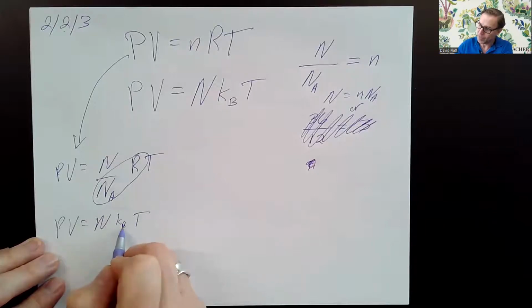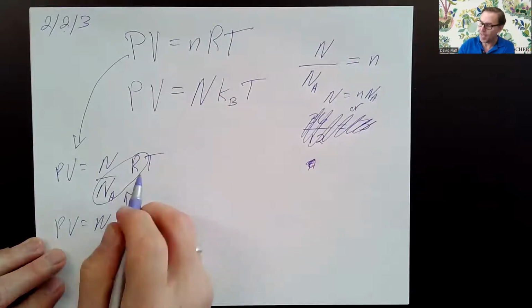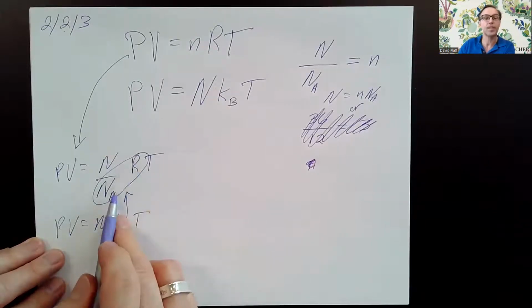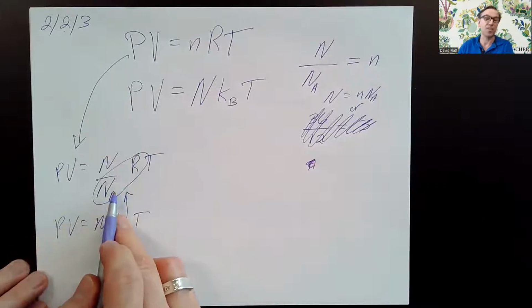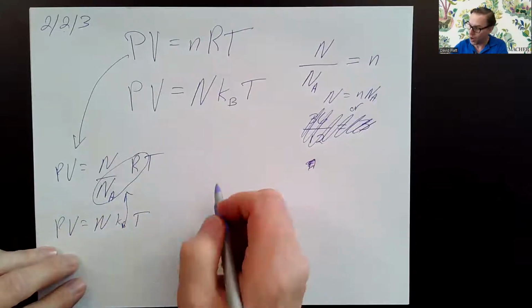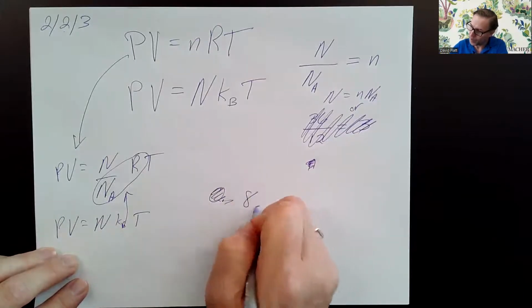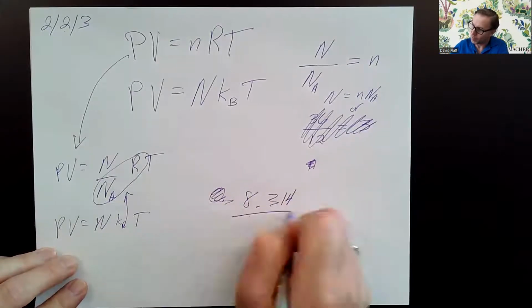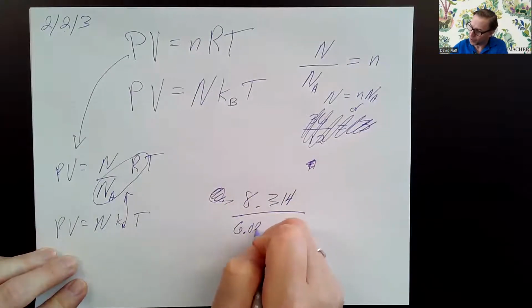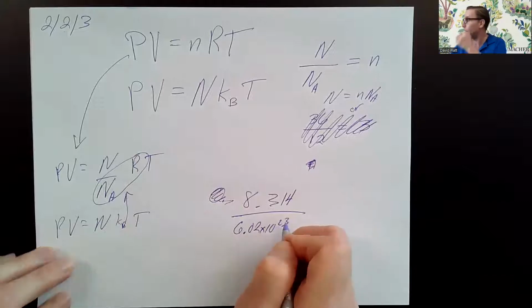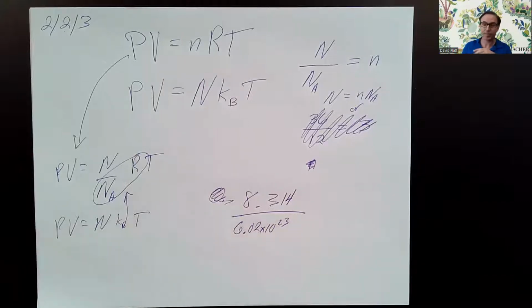kB is defined as R divided by Avogadro's number. So it's R, 8.314, divided by 6.02 times 10 to the 23rd, assuming we're doing everything in our lovely MKS units.